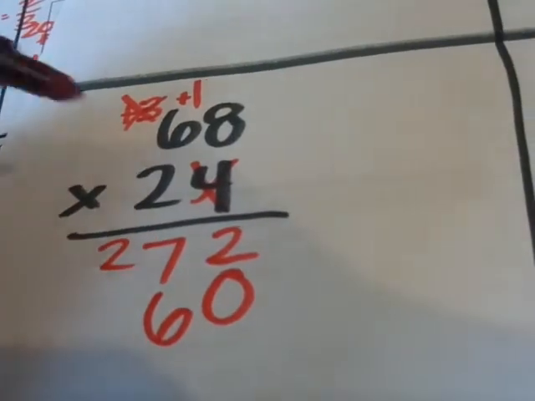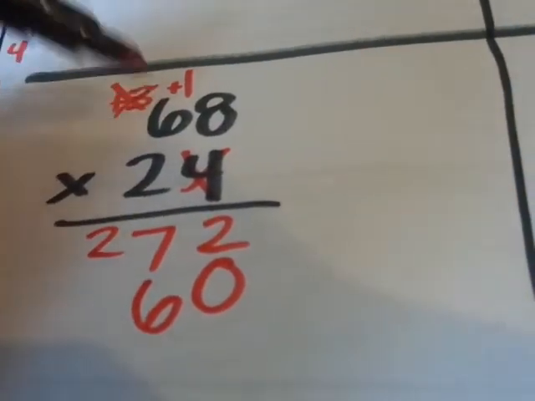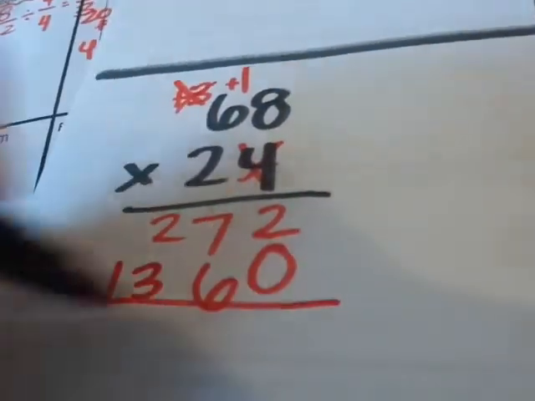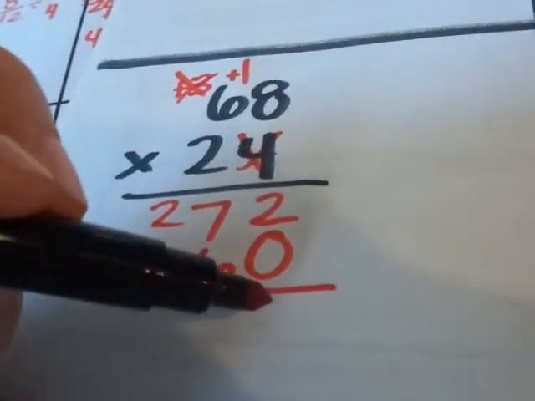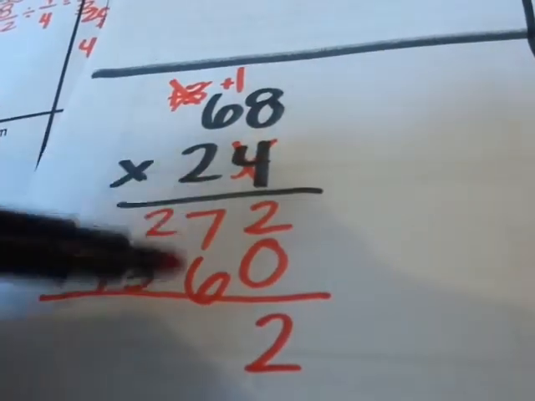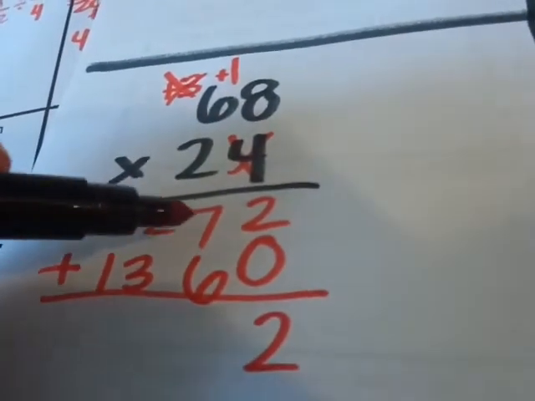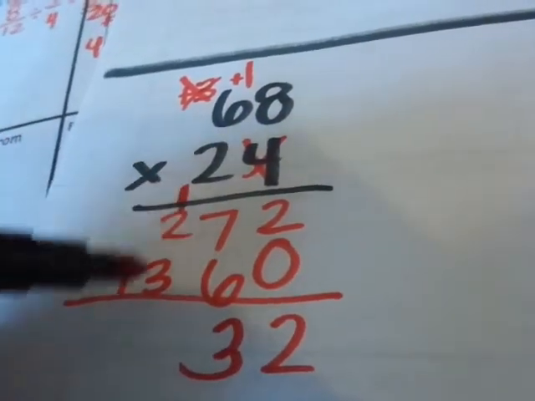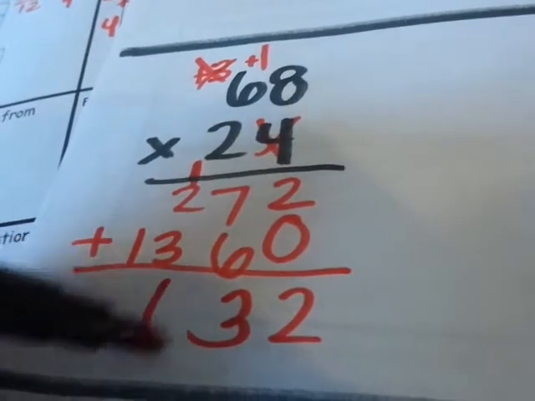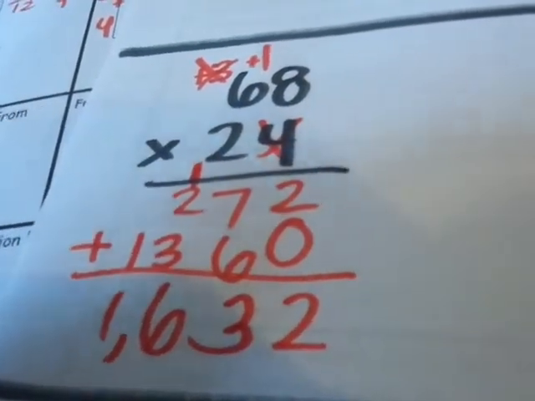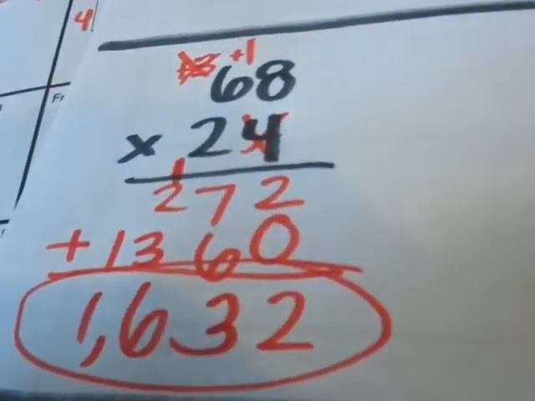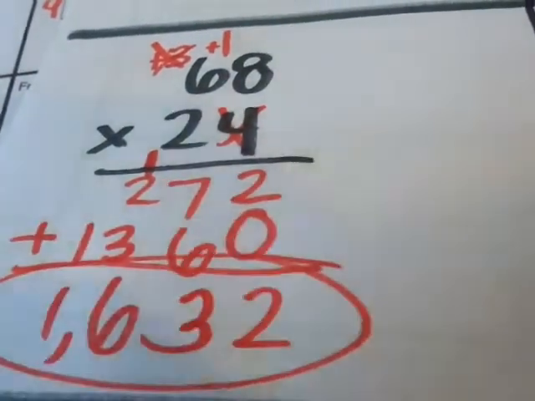Carry my 1. 6 times 2, 12, plus 1, 13. 2 plus 0 is 2. 7 plus 6, remember that same rule. 6 plus 6 is 12, plus 1 is 13. 3 plus 3, 6. 1 plus 0 is 1. Final product, 1,632.